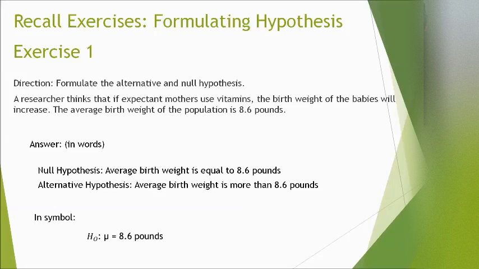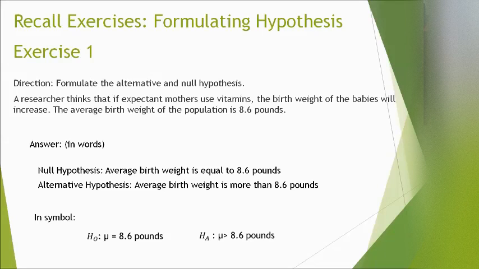We just transform it into symbols. Next, for the alternative hypothesis, population mean is greater than 8.6 pounds. We use the greater than sign because in the given worded problem, the word is increase. So that's how you write or formulate a hypothesis.